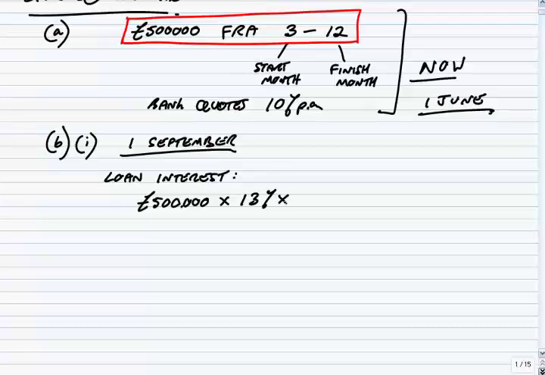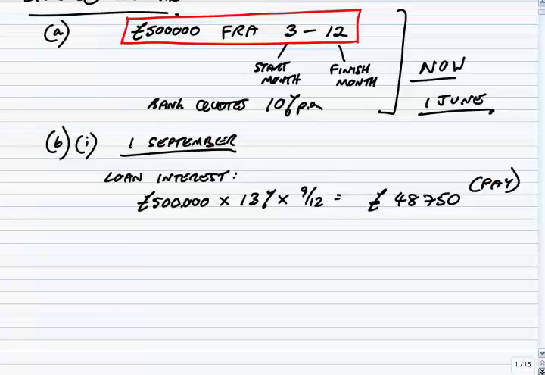But of course, that was a yearly rate. We're only going to be borrowing for 9 months. So it'll be 9/12. So the interest chargeable on the loan for the moment will be, I think, 48,750. We're borrowing money. We're obviously therefore paying interest.